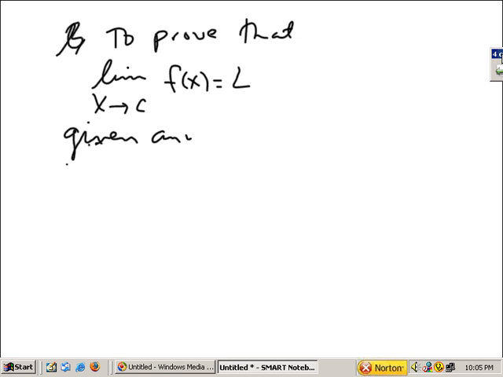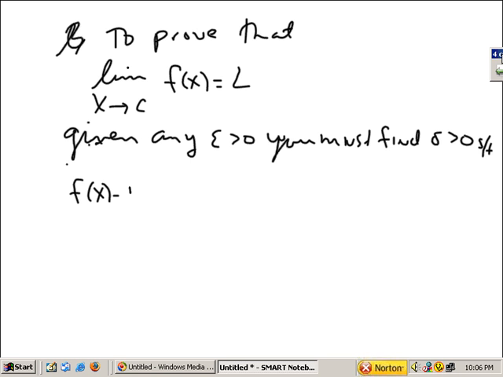Given any epsilon greater than 0, you must find delta greater than 0 such that f of x minus L is less than epsilon implies, guarantees, that x minus C is less than delta. Okay, you must show that.